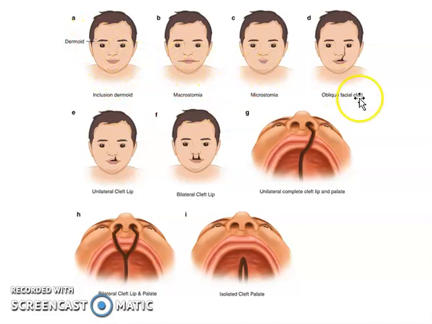This is a microstomia. This is your oblique facial cleft. It is a unilateral cleft lip, bilateral cleft lip, unilateral complete cleft lip and palate, bilateral cleft lip and palate, and this is isolated cleft palate. These 7 to 8 pictures will be very useful for image based questions.